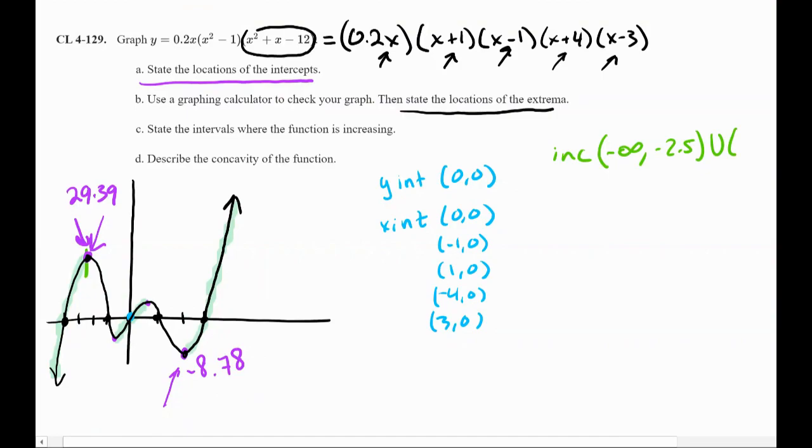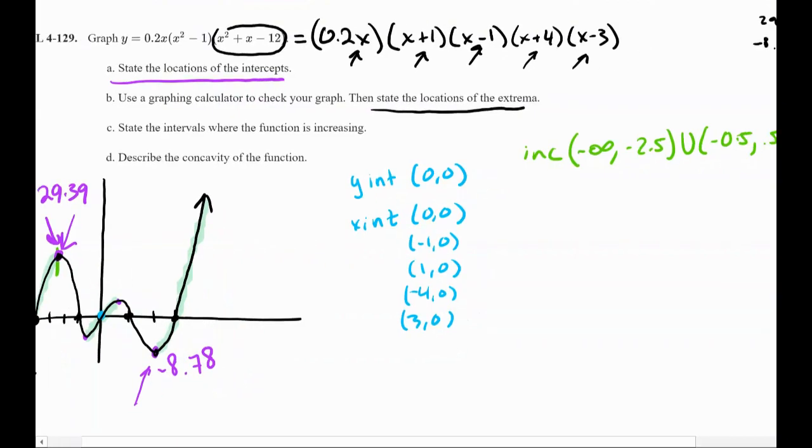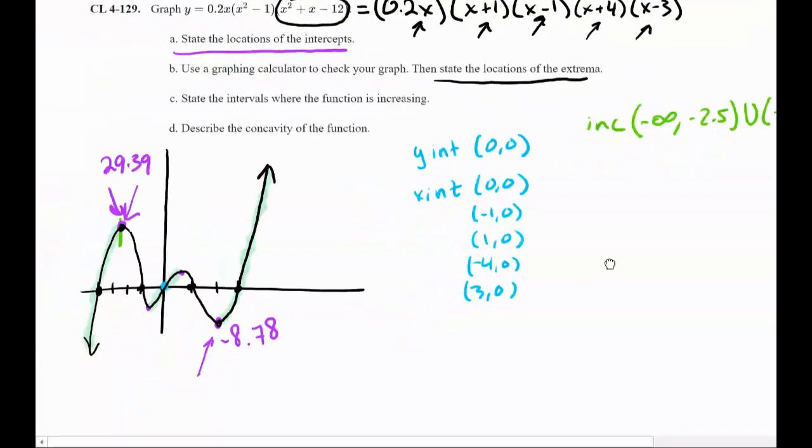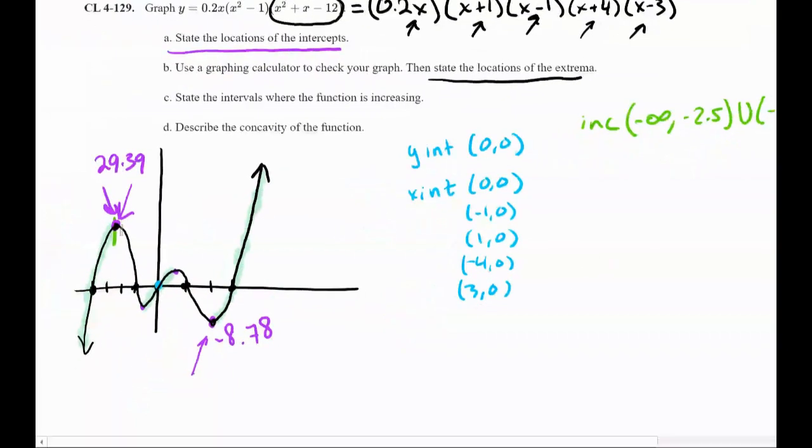Same thing with this one here. I would go from -0.5, I'm super rounding on this, to +0.5. And then the last interval would be 2-ish to infinity. As far as decreasing goes, it's decreasing where I'm going to highlight in orange here.